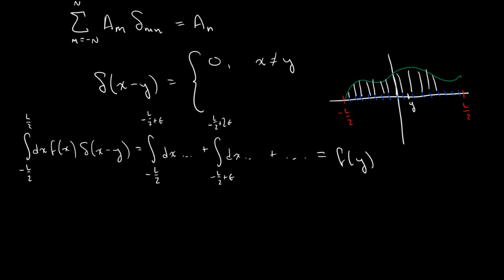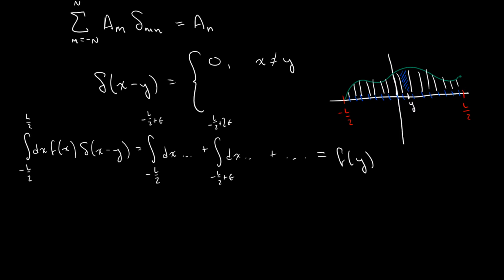All of these have to cancel, except for this piece here, in the small neighborhood of y. So everywhere else where x is not equal to y has to be killed off by this delta function, so it has to be equal to 0.